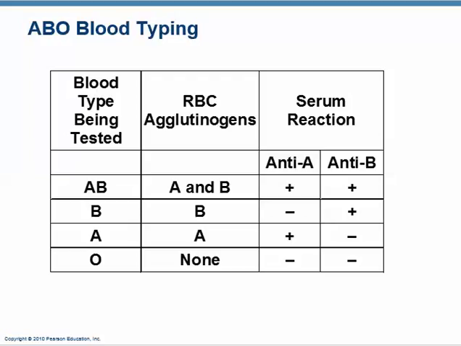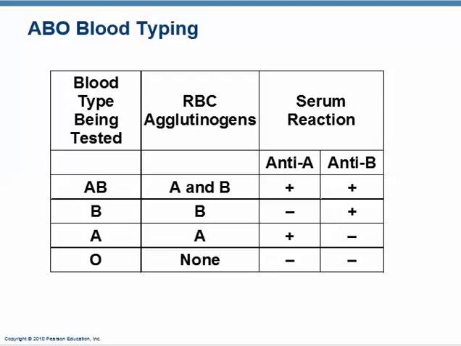So the reaction, and so this is the chart. So if you have A and B and the Rh agglutinate, then you are AB positive.